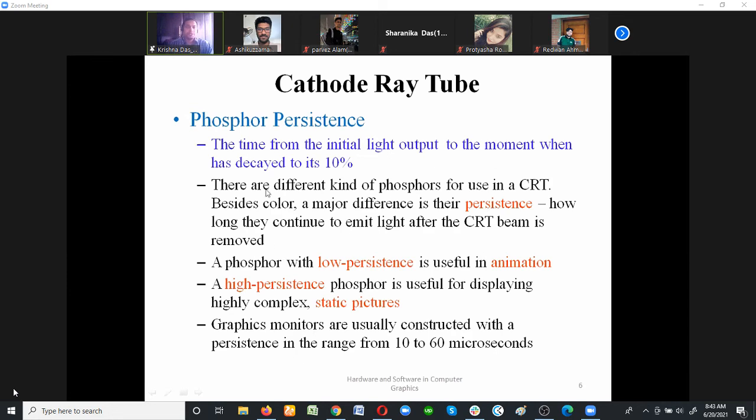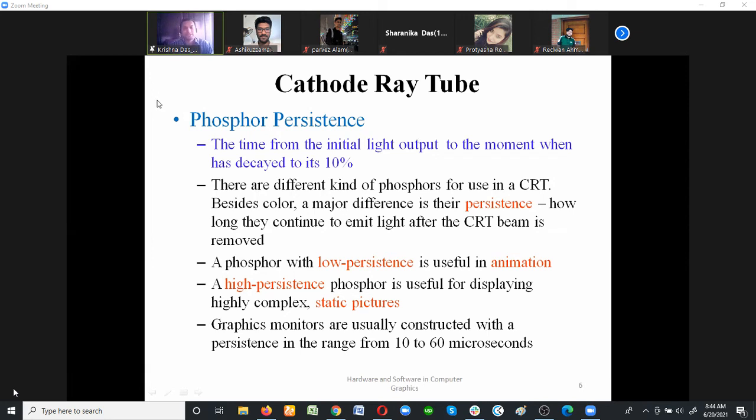All right, the persistence nature of phosphor. What is phosphor persistence? Achal, can you tell me what is phosphor persistence? Yes, sir.